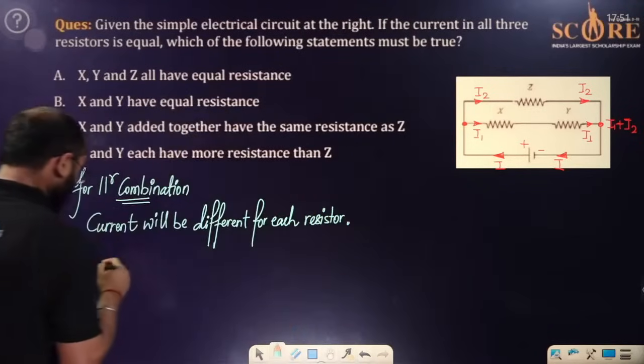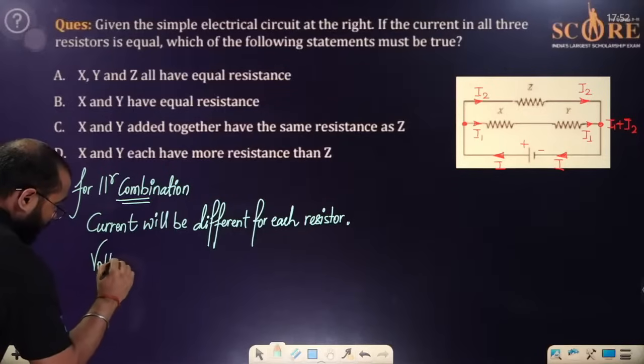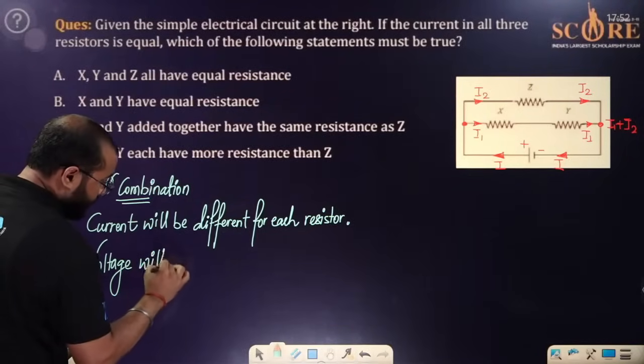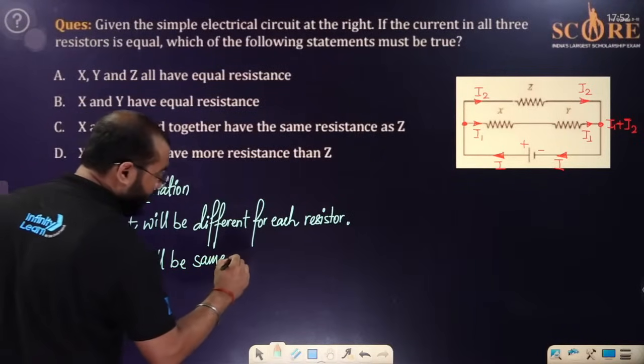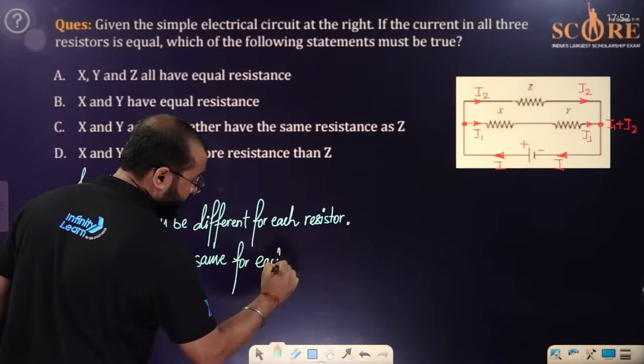This is what we have learned. And the potential difference, or you can say the voltage, will be the same for each resistor.